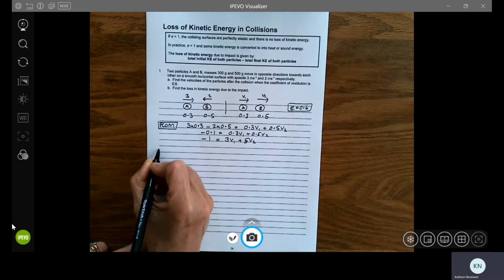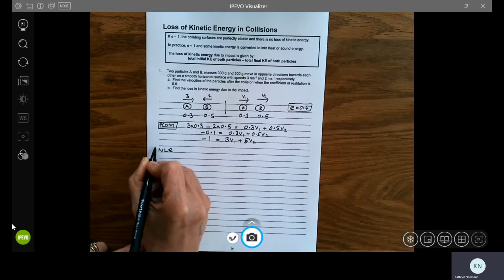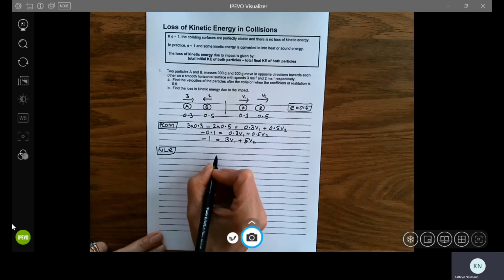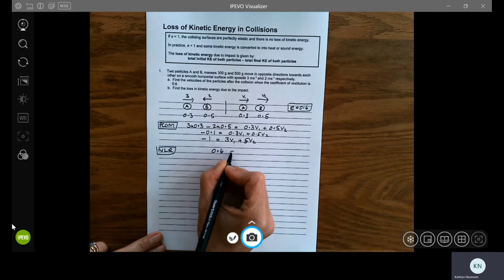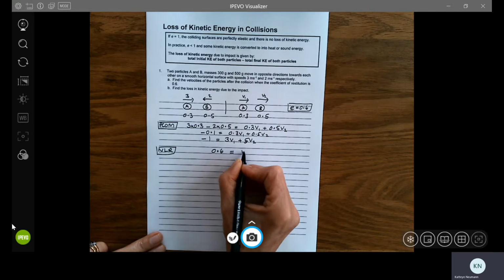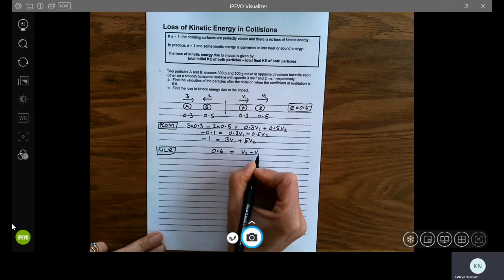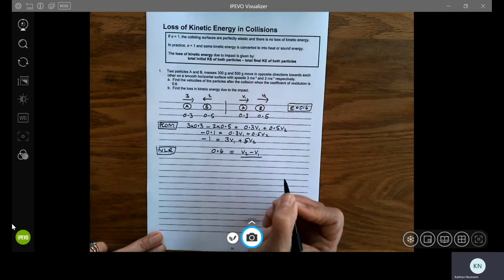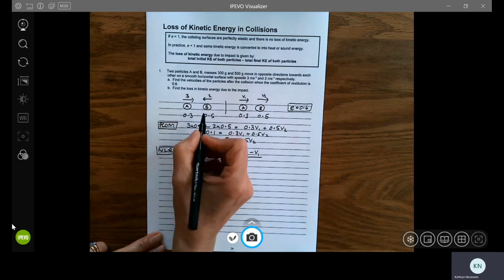I'm then going to use Newton's law of restitution, which says E is separation over approach. So E is 0.6, is separation, which is going to be V2 minus V1, over the approach speed here, which is 5.